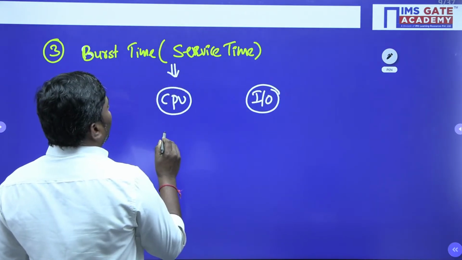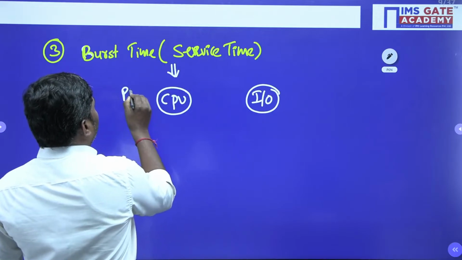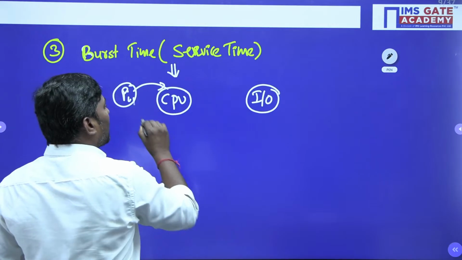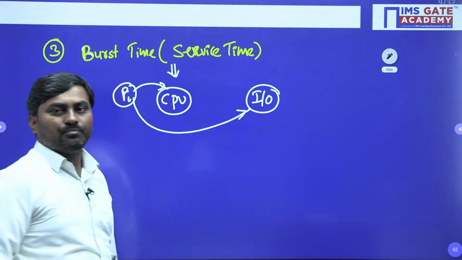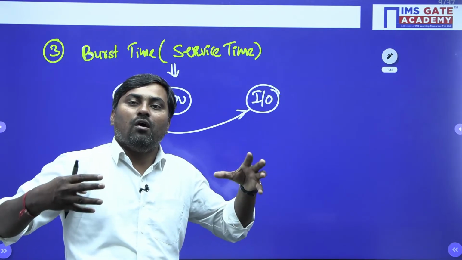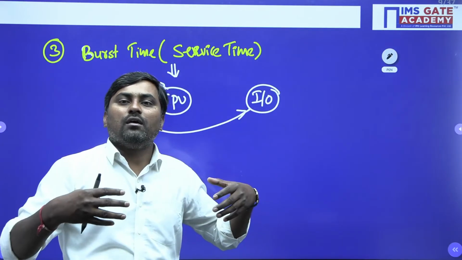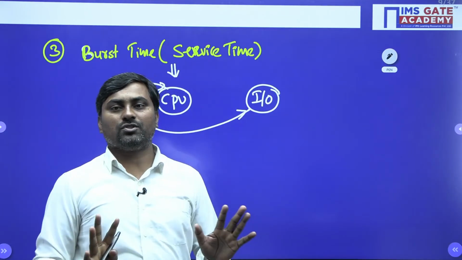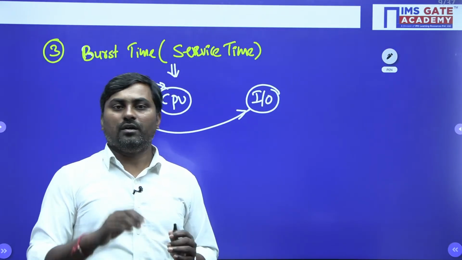The amount of time this process is spending on CPU as well as IO, the amount of time a process is spending on CPU and IO, is simply burst time or service time. Is it clear?